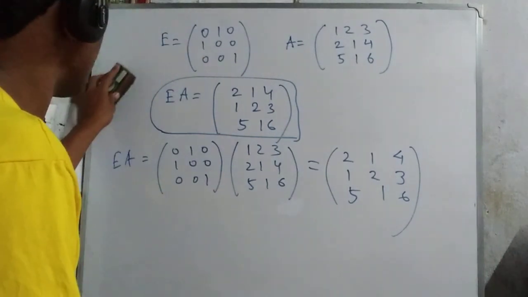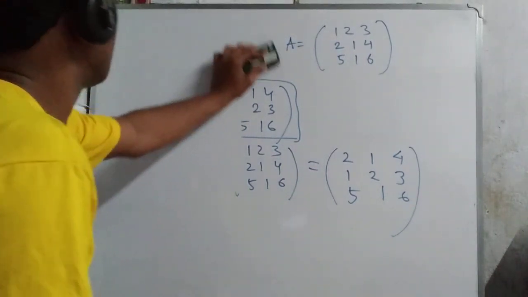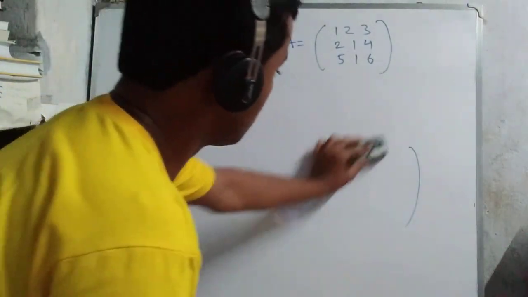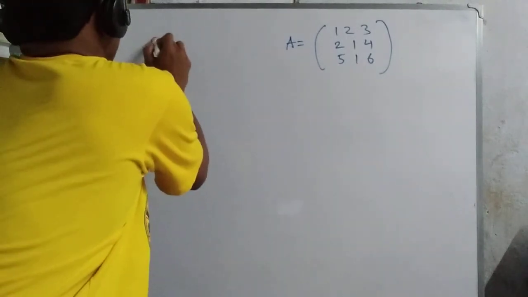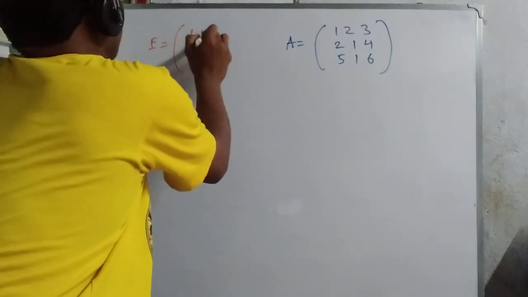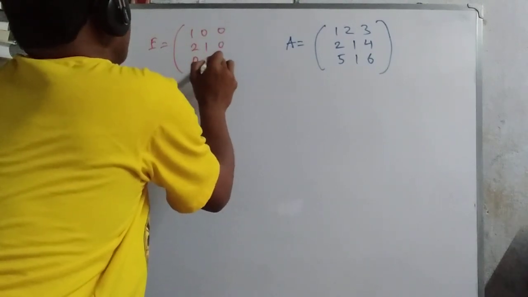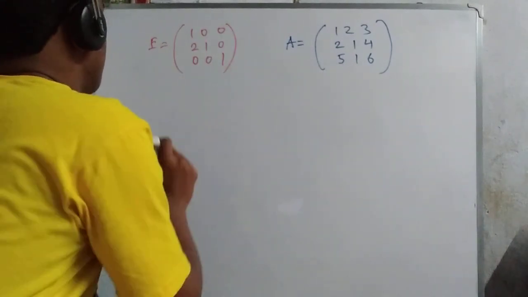Now we erase that portion and go on to further discussion. We construct A equal to that. Then what happened? If we write E equal to 1 0 0, 2 1 0, 0 0 1, how do we obtain this?